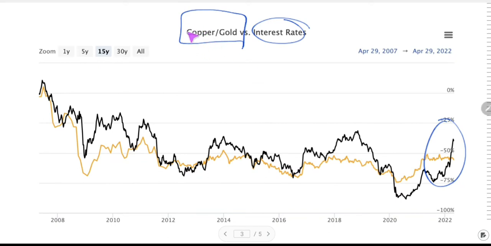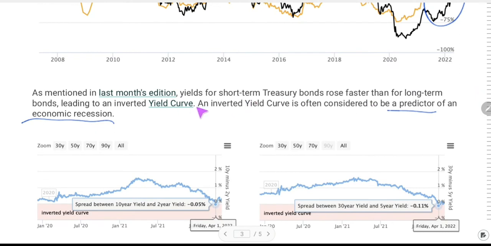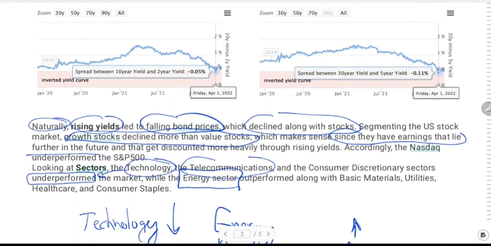Here we see another indicator of copper to gold versus the interest rate. So we see that the copper to gold is breaking the interest rate, and this is a leading indicator, and there is another leading indicator here for a predictor of economic recession.